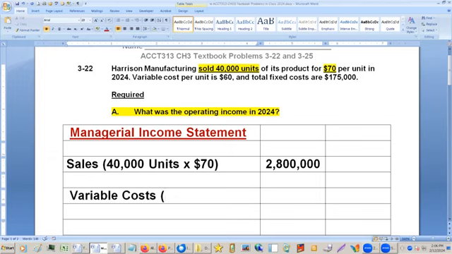Anyone? You guys are sleeping. Turn your mics on. We're going to find the variable costs.